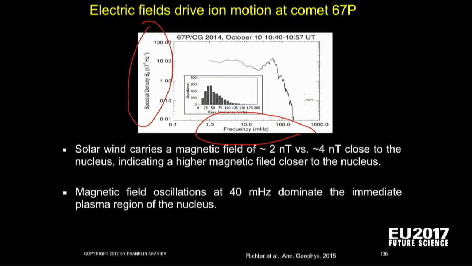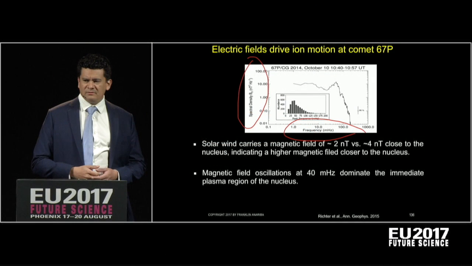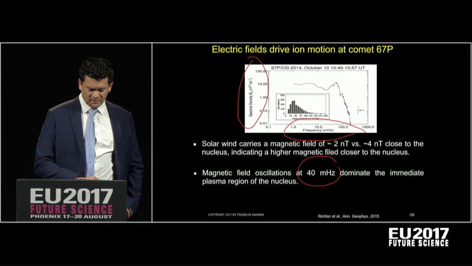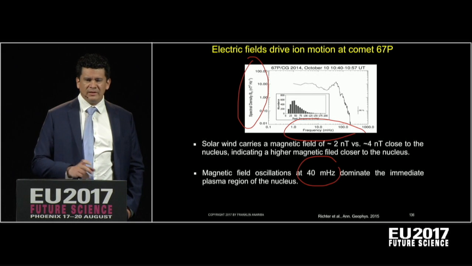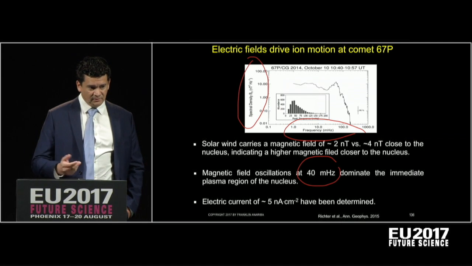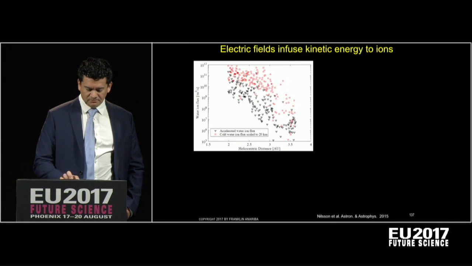And this magnetic field shows all different kinds of oscillations, but in this particular case, it shows a frequency of 40 millihertz, which is a little bit different from anything that's been discovered before. This corresponds to 67P. And basically what it shows is that there's an electric field in the order of 5 nanoamps per centimeter squared, close to the nucleus.